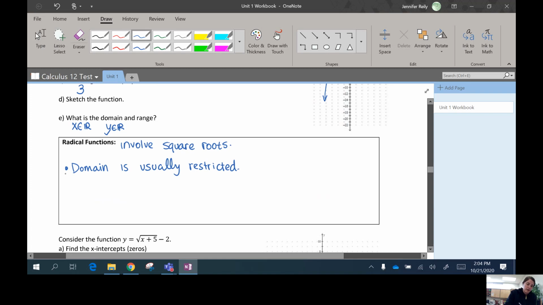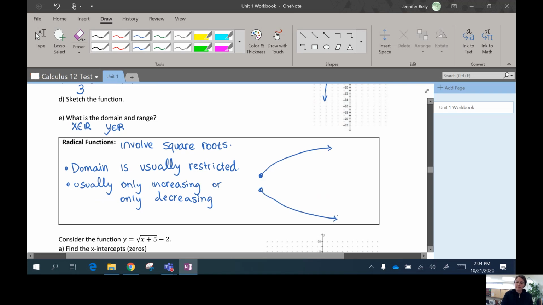And these functions, unless they have some other extra term added on, are usually only increasing or only decreasing. I'll show you what I mean by that. So these functions often start at a certain point because the domain is restricted on one side, and then they look like this. So they go up or they go down like that. That's what the function usually looks like.